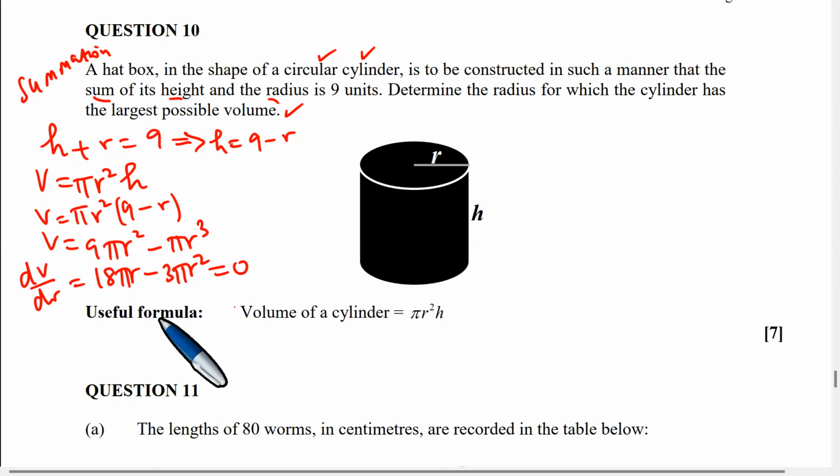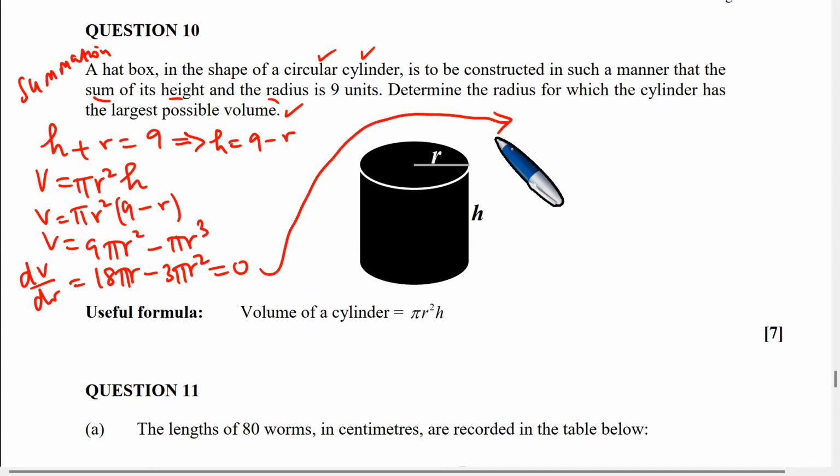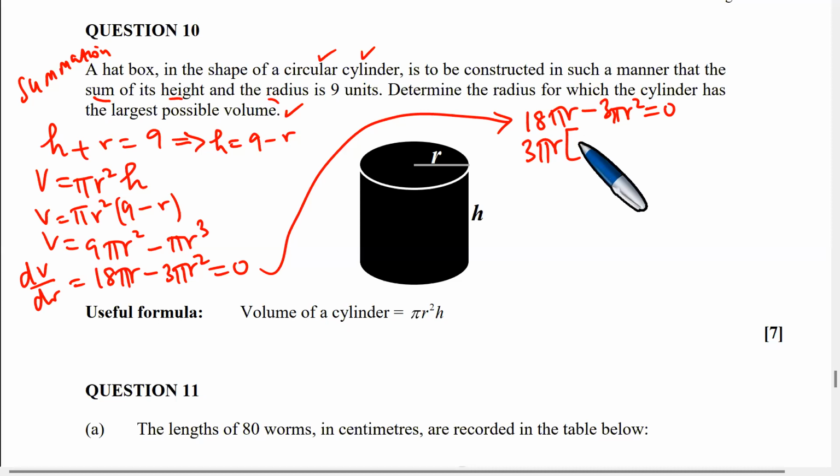So if we equate it to 0, we proceed to the other side. Now moving to the right-hand side, we have 18 pi times the radius minus 3 pi r squared equals 0. And what do we do? We have actually 3 pi r, which is the same as 6, like that.